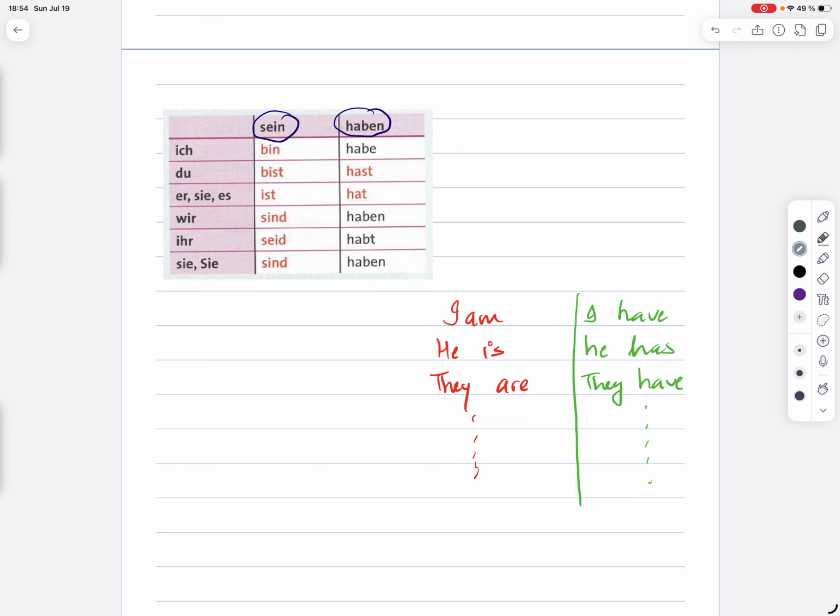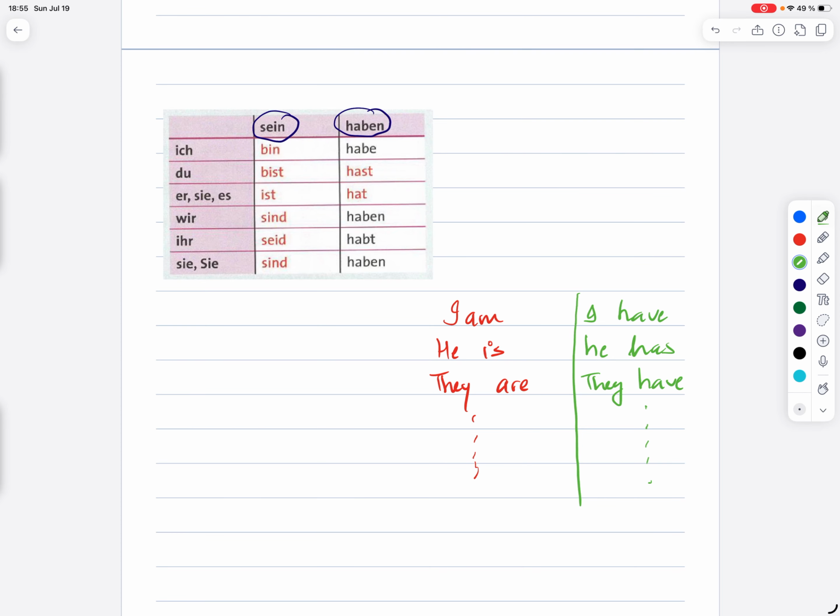Here I, he, they are the personal pronouns, which are the subject, and then we have the corresponding verb after that: am, is, are. And also for possession with the personal pronouns I, he, they, in English we have have, has, have. So I have something, I have a car, he has a house, they have a football, right?